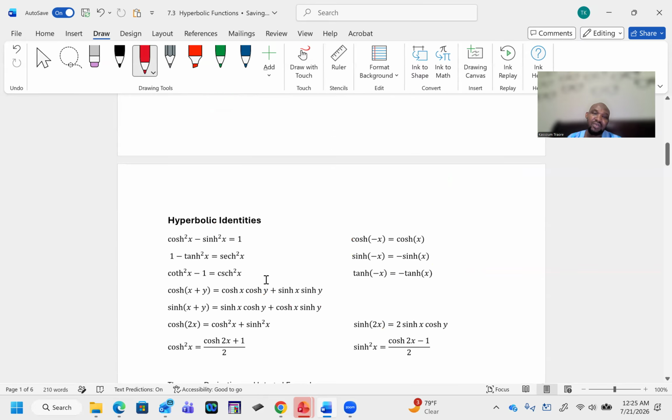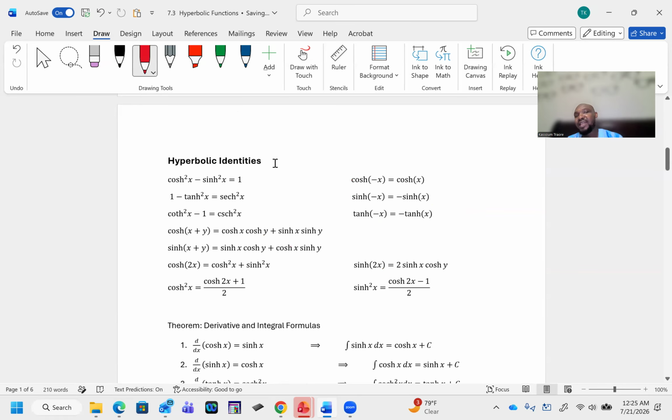so again, let's move on. These are the hyperbolic identities. I want you to read each of them, like hyperbolic cosine square of x minus hyperbolic sine square of x is 1. It does look like trigonometric identities, but not the same. In trigonometric identities, this is plus, not minus, right?